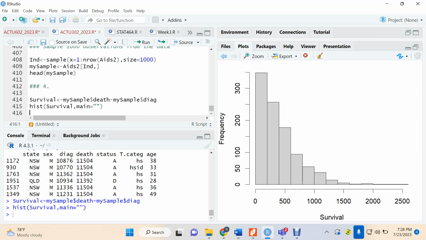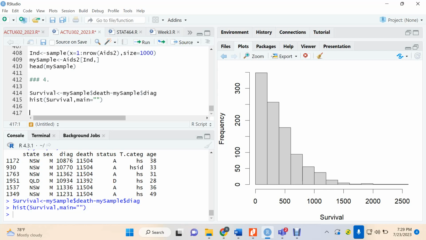Now here, people were using the function attach. Please, you have to read the question well. So my sample, let's say serve, or let me just name it.